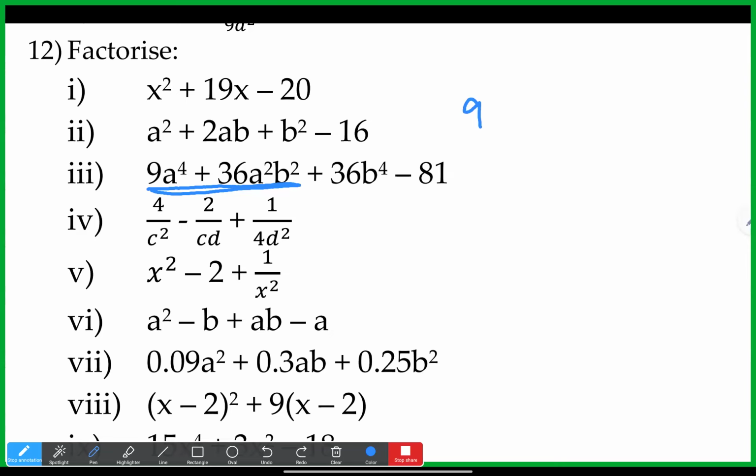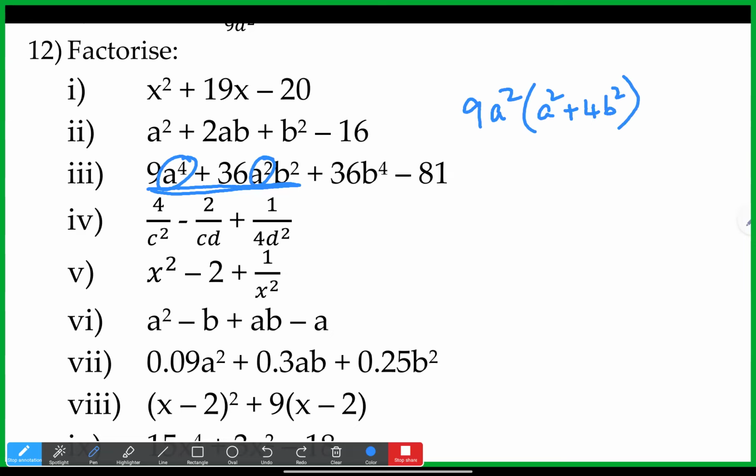In a power 4 and a square, a square only you can take common. So taking 9a square common, you get 9a square into a square plus 4b square, because 9 4s are 36 and b square remains.